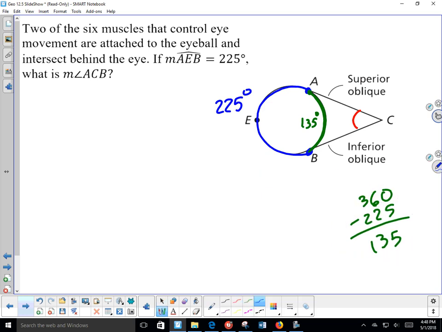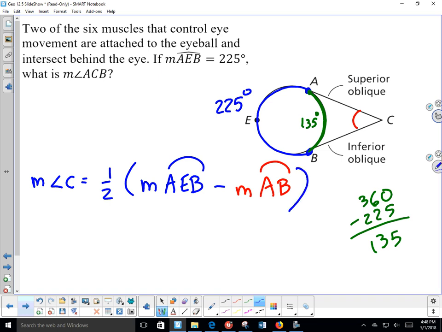So let's set this up. We want the measure of angle C, and it's going to be half of the difference between the measure of arc AEB minus the measure of arc AB.